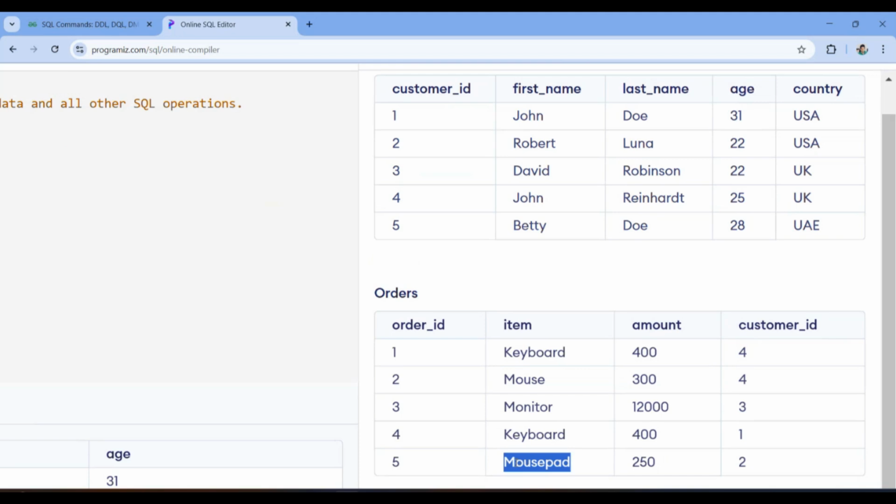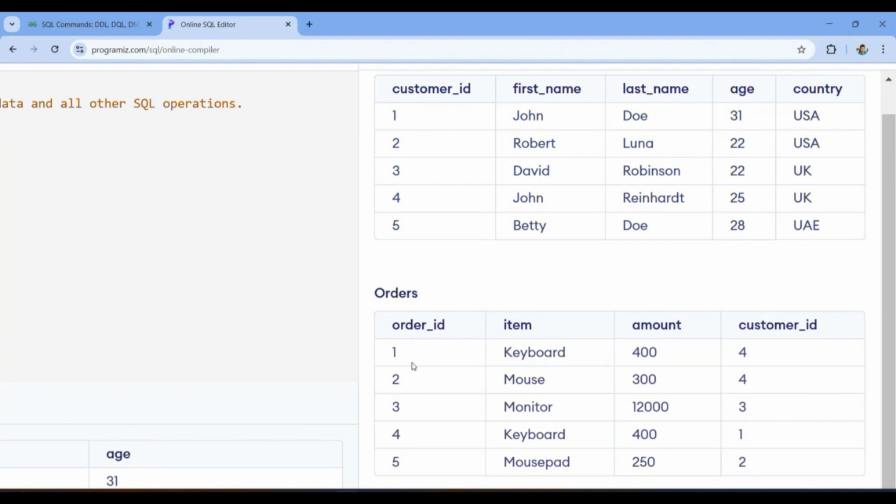The thing is, should you be looking at this 5 or this 2? What makes sense? Customer ID, right? Because you see, there are 5 customers, 1, 2, 3, 4, 5. There can be 100 orders also, 10,000 orders also, right? So these are your order IDs.